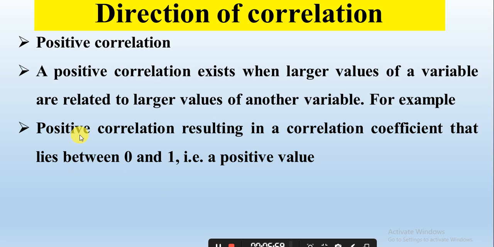So a positive correlation results in a correlation coefficient that lies between 0 and 1. If the correlation coefficient comes between 0 and 1, then we can say that there is a positive correlation between two variables.